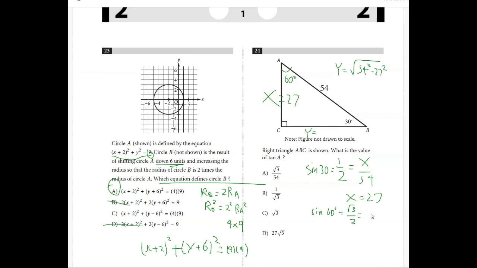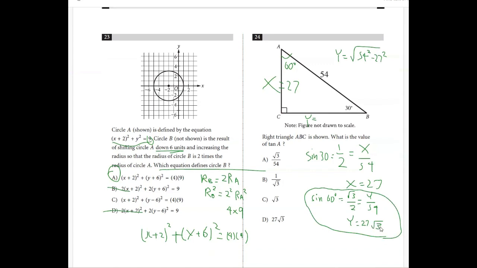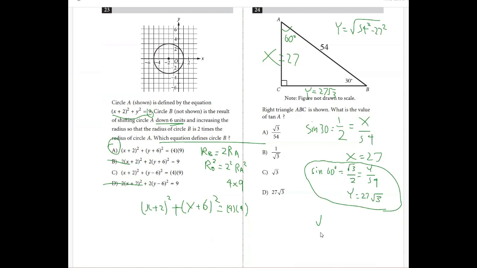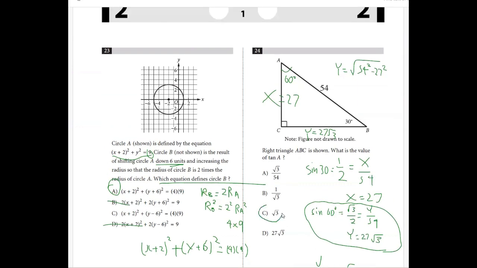And this is equal to y over 54. And y is equal to 27 root 3. I prefer this method because I can clearly see the root 3 here. And tan of A is going to be opposite over adjacent. So y over x. And this is obviously going to be square root 3. So for 24, C is the correct answer.